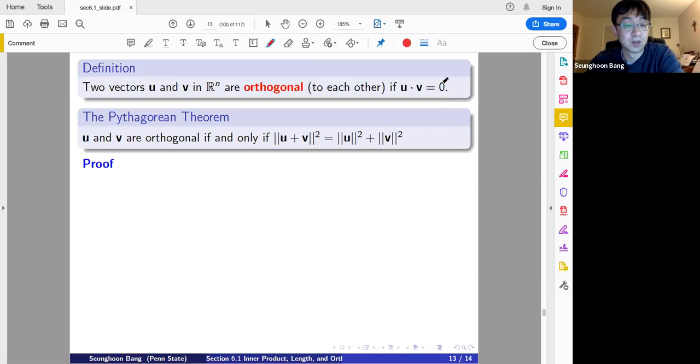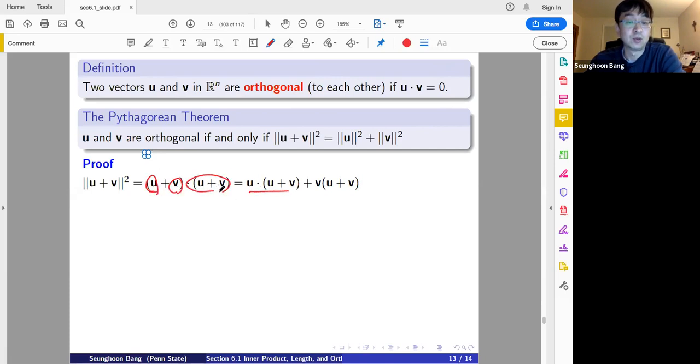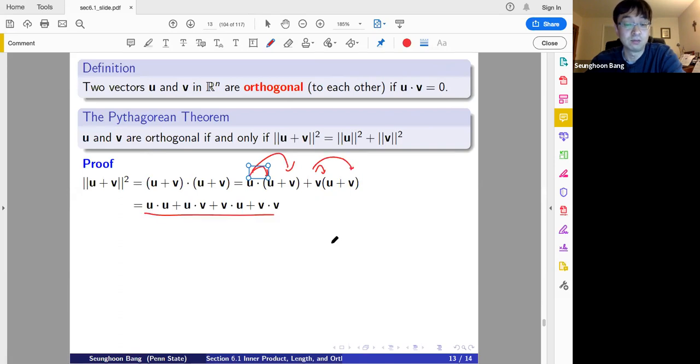So, proof. The norm of u plus v squared is exactly u plus v dot u plus v. You can distribute u times u plus v, and v times u plus v. Next, distribute u and v, and combine. The u dot u is here, the v dot v is here, and you add u dot v and v dot u.